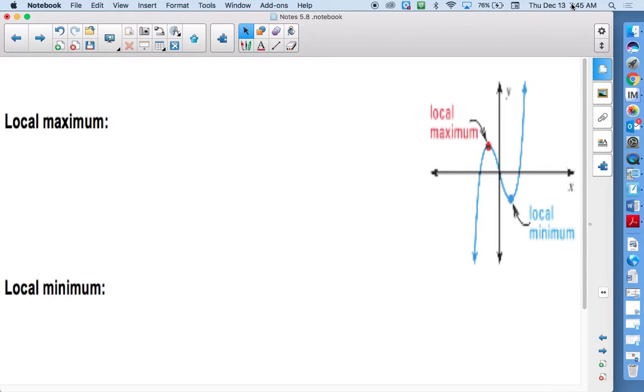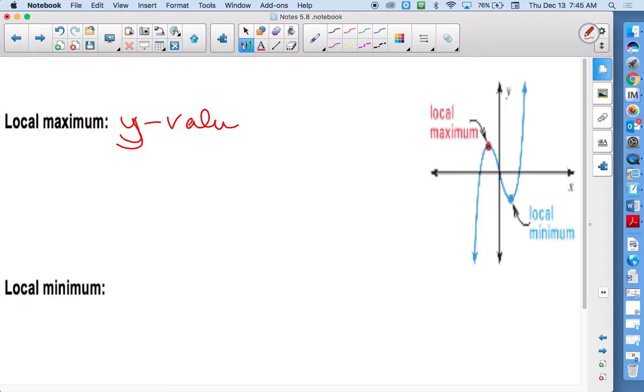So a max occurs at the y value, because it's the highest point of the graph when you're looking at the turning point. The turning point is the curve.